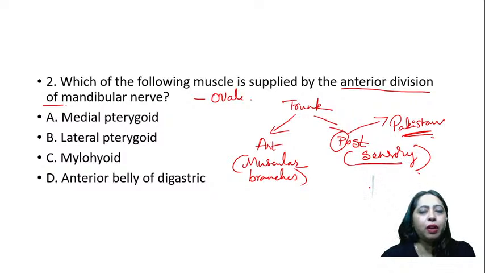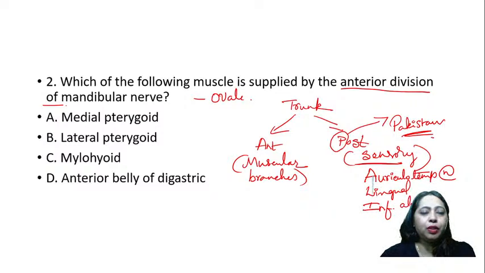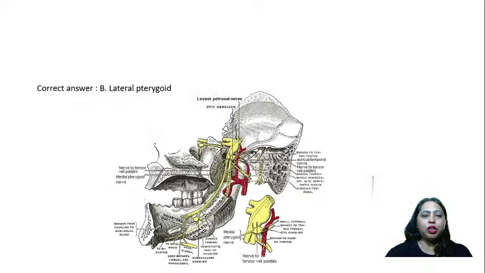Pakistan, it's a very sensitive area, or a very sensory area, and there is Ali there, ALI: auriculotemporal nerve, lingual, inferior alveolar. Now tell me, what is the answer? The trunk has two divisions. Nerve to mylohyoid, and okay, we'll move to the answers.